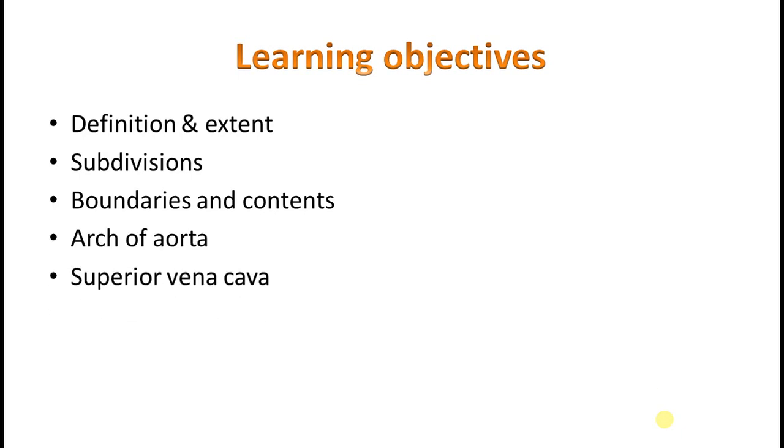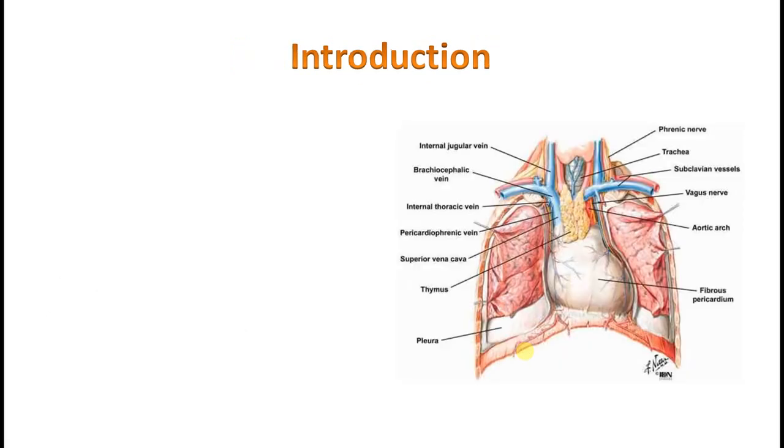Finally, I will be discussing two structures present in the superior mediastinum, that is the arch of aorta and superior vena cava. Then finally I will touch upon some applied aspects.